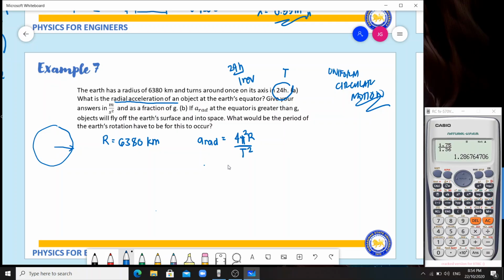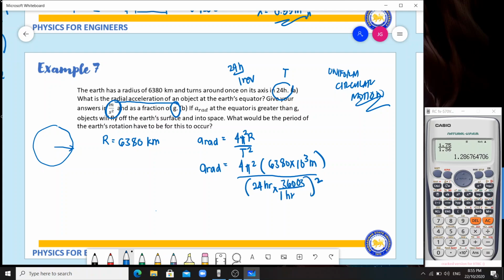Ayan. So, ang arad natin is answer daw sa meter per second squared and as a fraction of g. Okay? 4 pi squared times 6,380 times 10 to the 3 meters over 24 hours, convert natin sa second, 1 hour ay 3,600 seconds squared. Ayan, so what is the answer?